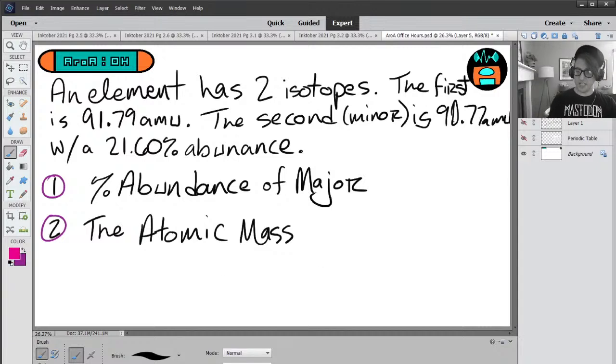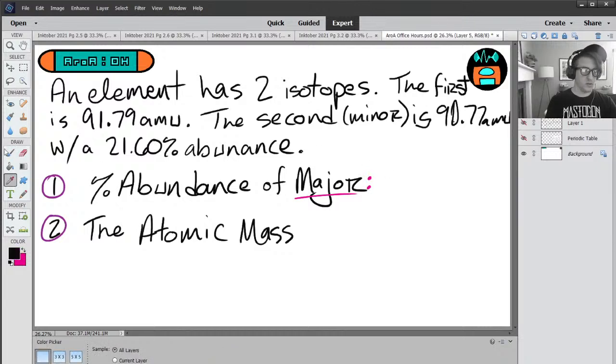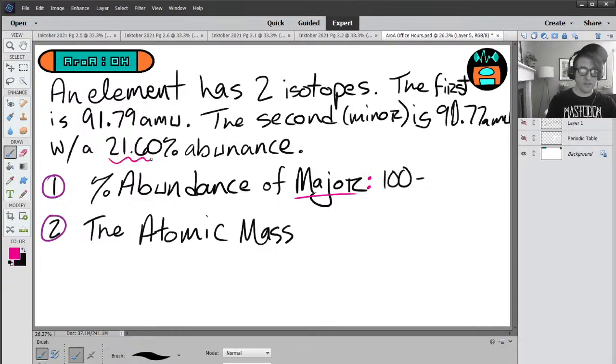Starting with the percent abundance of the major isotope, we know that this is going to be equal to 100 minus the percent abundance of the minor isotope, right? Because we're told that there are two isotopes. So the percent abundance of the major is going to be 100 minus the percent abundance of the minor.